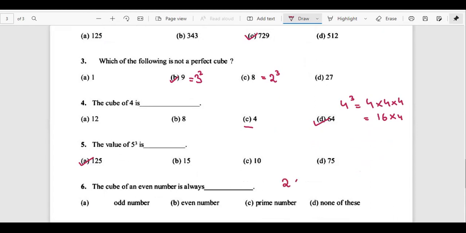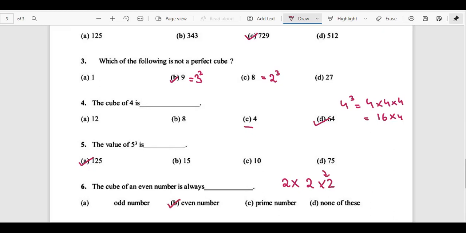Let's say we have an even number, say 2. So we do 2 into 2 into 2, right? Now we have a number which is being multiplied 3 times. This is what cube is. And since it is an even number, whenever we multiply something with an even number, we get an even number, right? So the answer would be B.